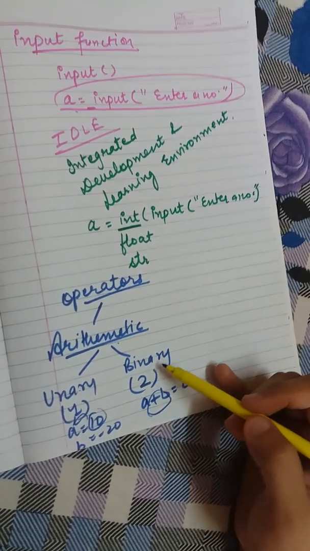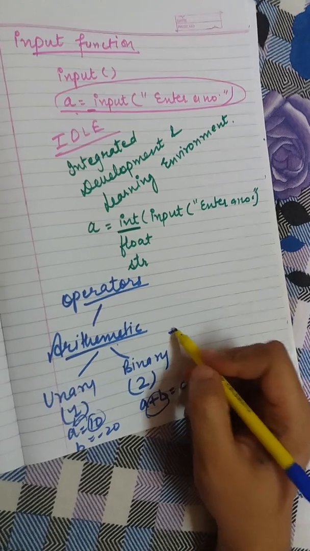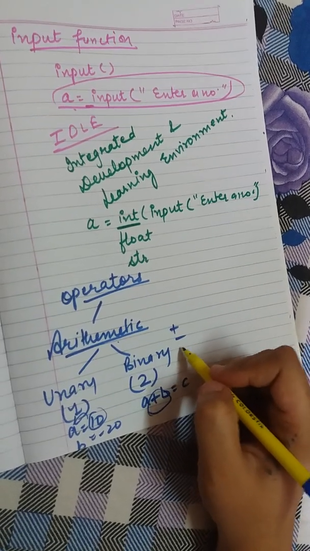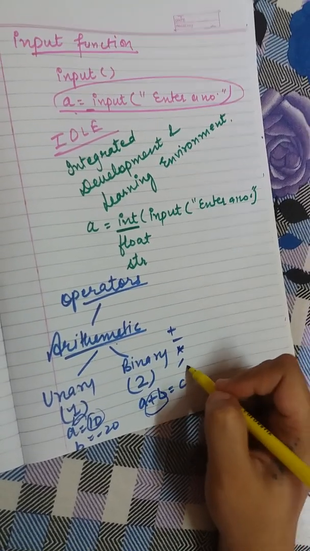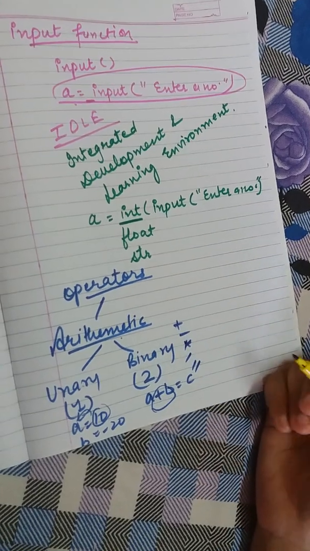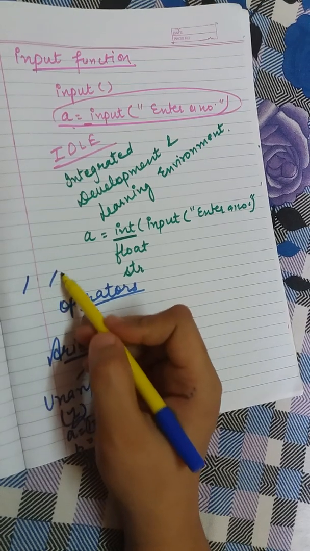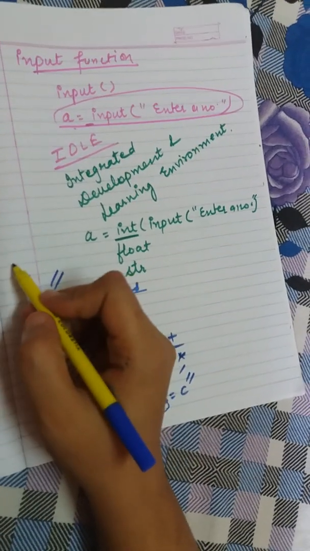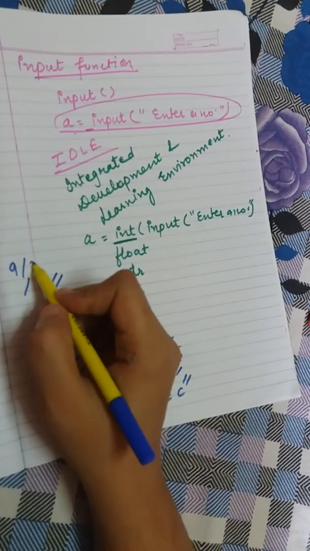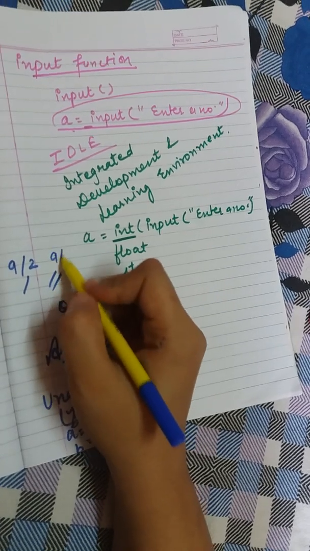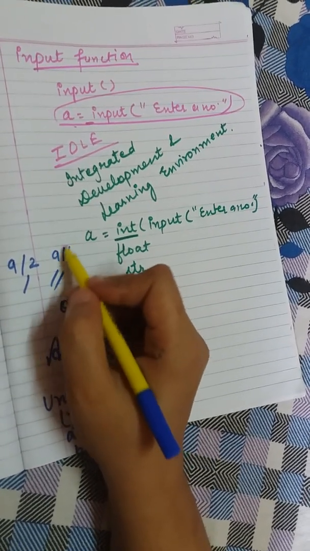So in these binary operators we can have plus, subtraction, multiplication, division, floor division or integer division. Now what is the difference between single division and double division? If I am saying 9 divided by 2, and if I am saying 9 double slash 2, this is known as floor division.